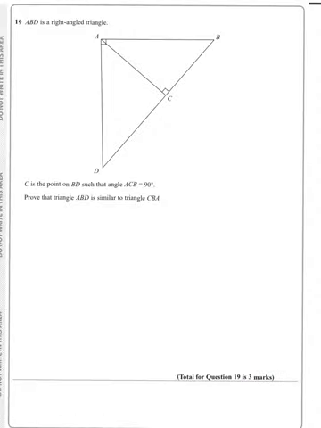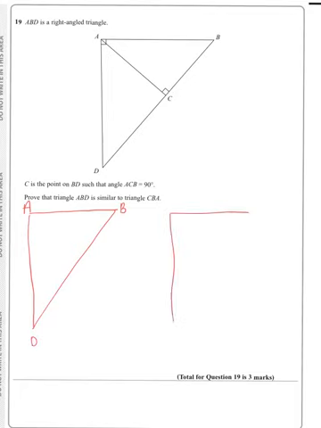Question 19. The way I'm going to do this question is to draw two separate triangles out here. I'm going to call this one ABD, and I'm going to draw another one here and call that CBA.